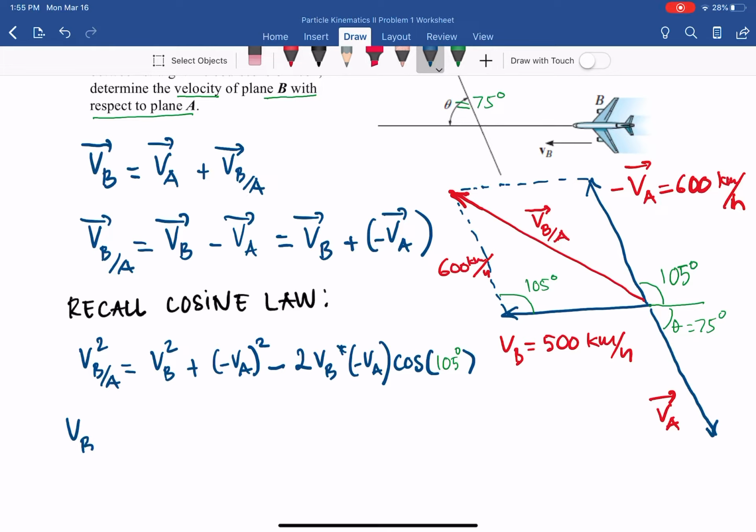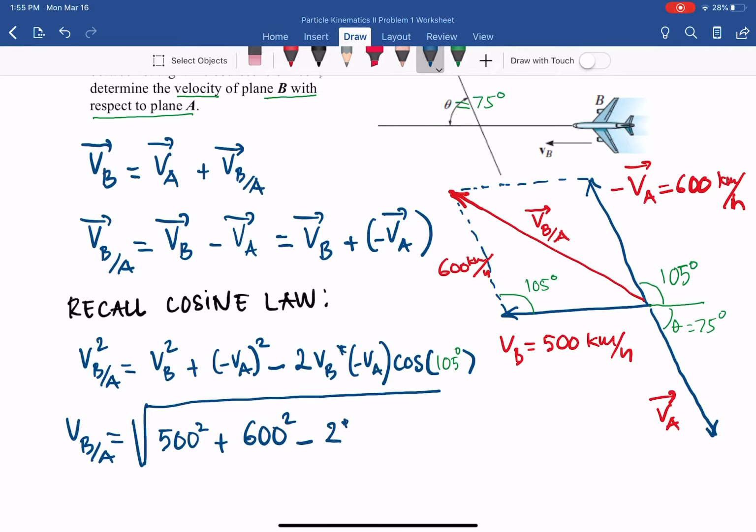So we plug in, and then take the square root. We have VB relative to A equal to the square root of that, and it's all about magnitude, because we talk about graphics, so the distance. So put all positives in: VB 500 squared plus negative VA, magnitude again, 600 squared, minus 2 times 500 times 600 times cosine 105 degrees.